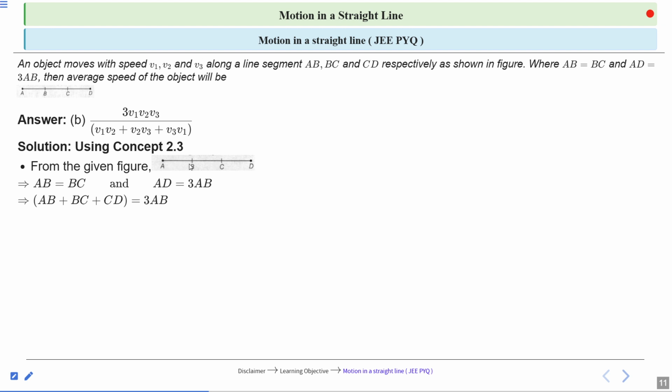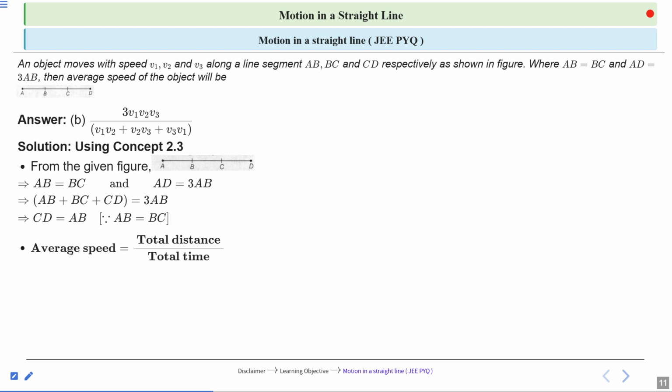So here AD is what? AD is AB plus BC plus CD and it is equal to 3 times of AB according to the question. So CD equal to AB, because AB equal to BC. Clear?